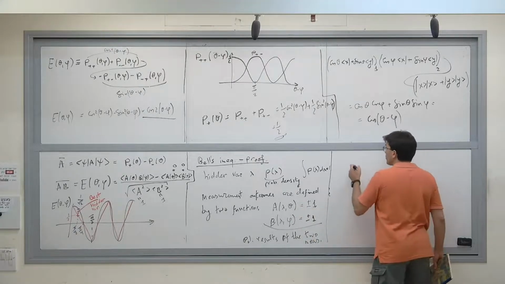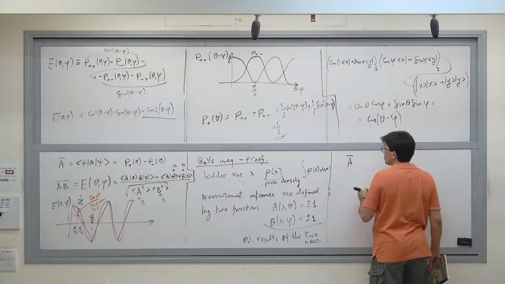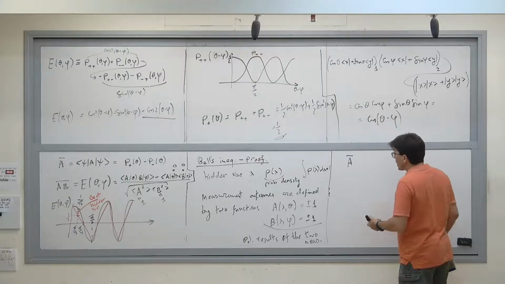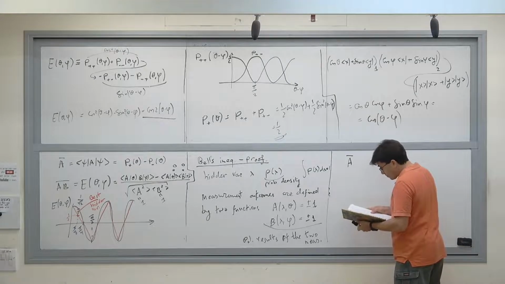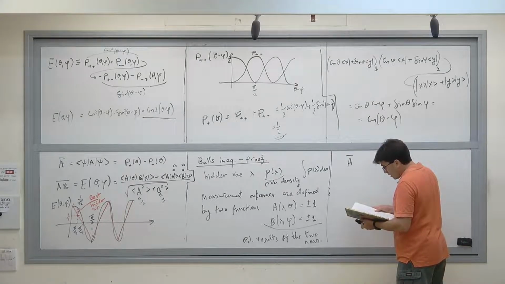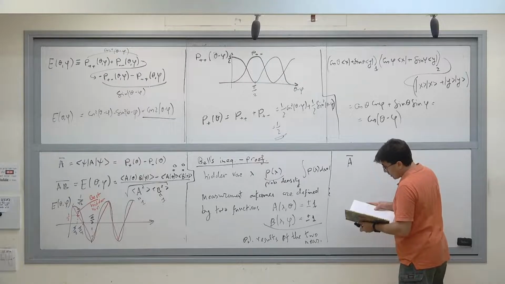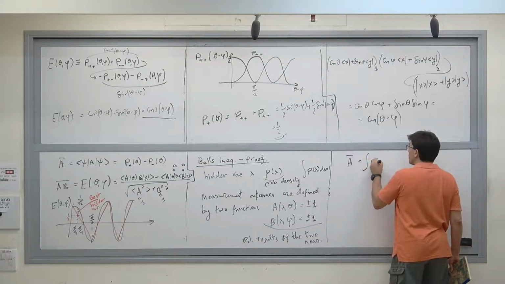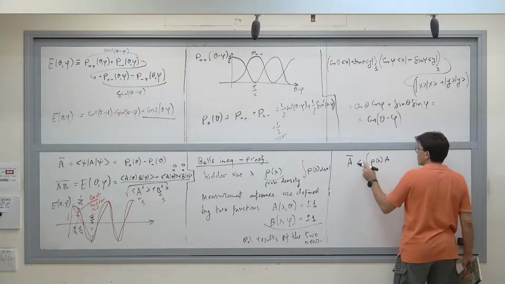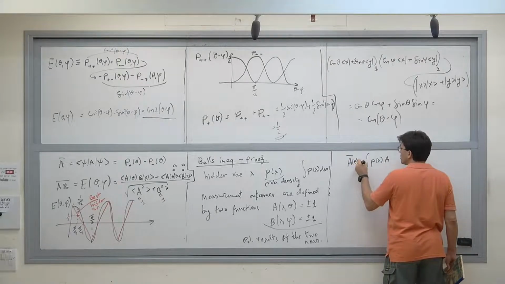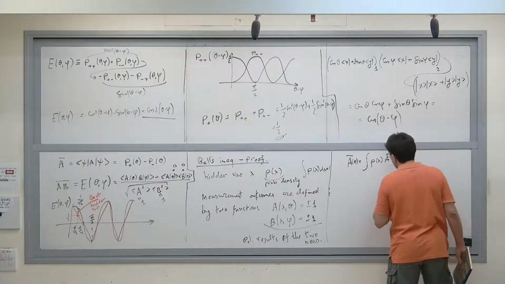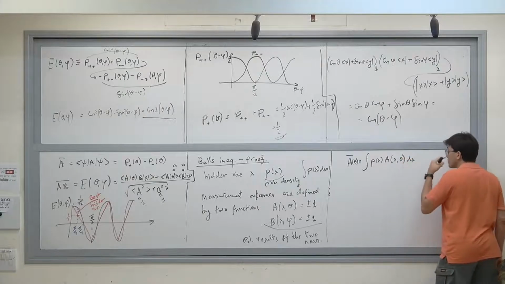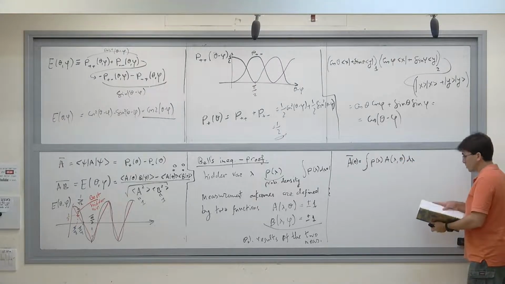Now if I ask myself, for example, what is A average, what is the average result of A? That would be the integral of P of lambda times A of lambda and theta. Does this make sense?